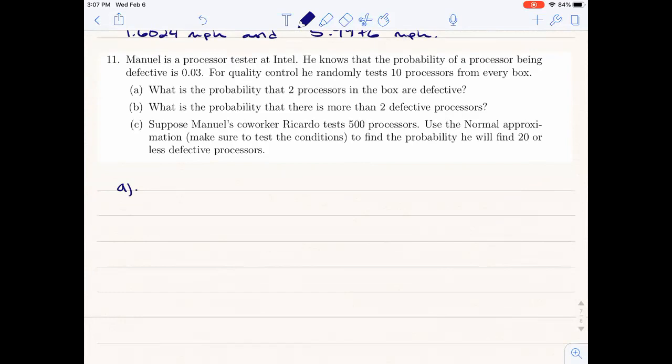So we're going to use that binomial formula that we developed last day. The probability that x equals k, just in general, the formula is n choose k, not a fraction, but n choose k, times p to the k times 1 minus p to the n minus k.